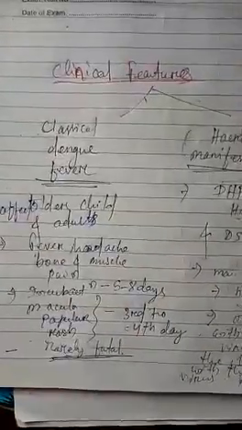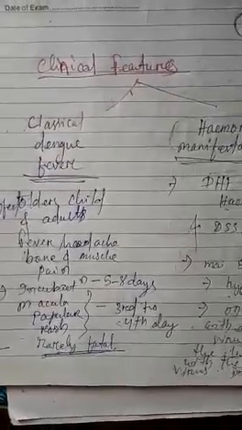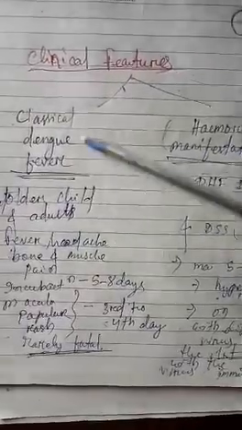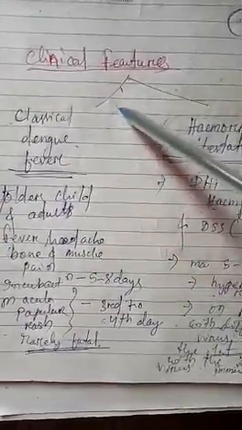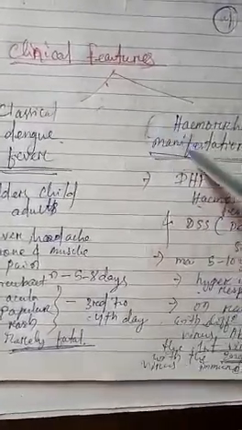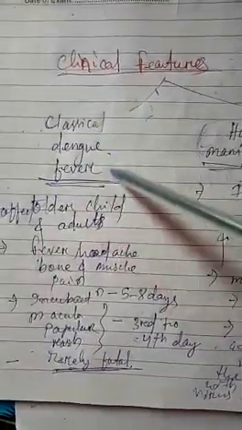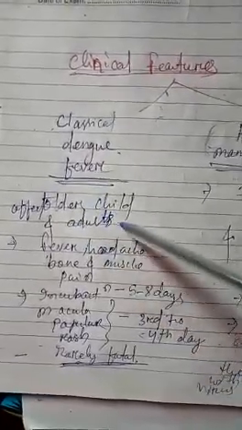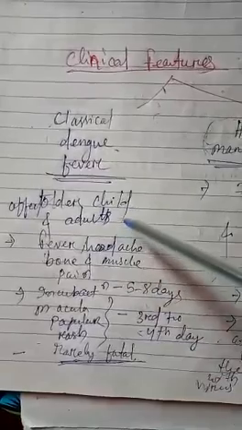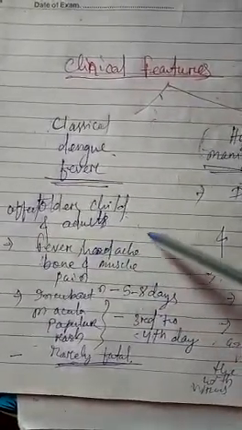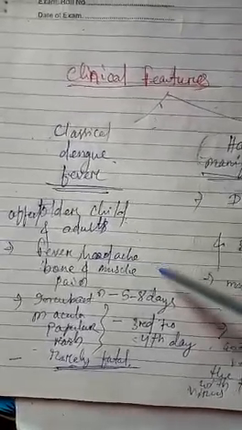And now we are looking at the clinical features of dengue fever. This disease may occur in two forms. One is classical dengue, another is dengue in a more serious form, with hemorrhagic manifestations. First we look at the classical dengue fever features. It usually affects older children and adults. It has a relatively benign course with fever, headache, and pain in muscles and bones.